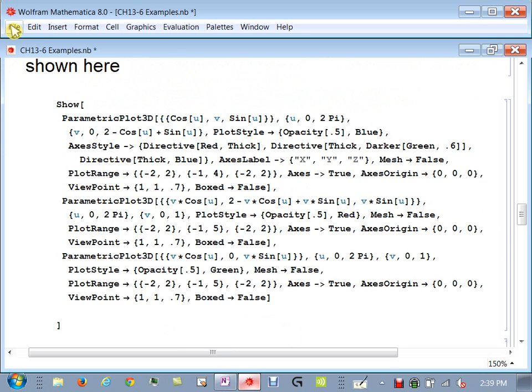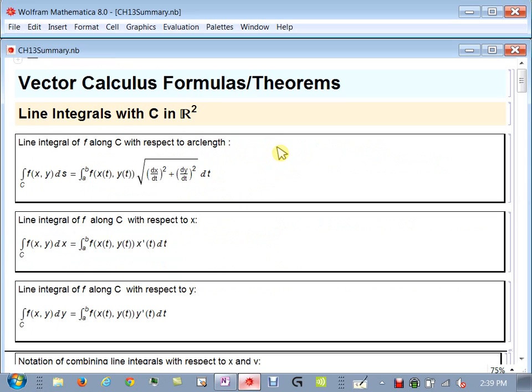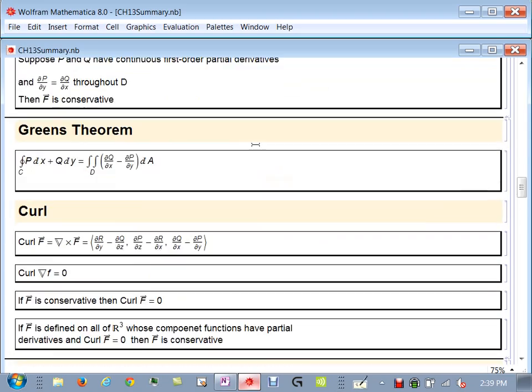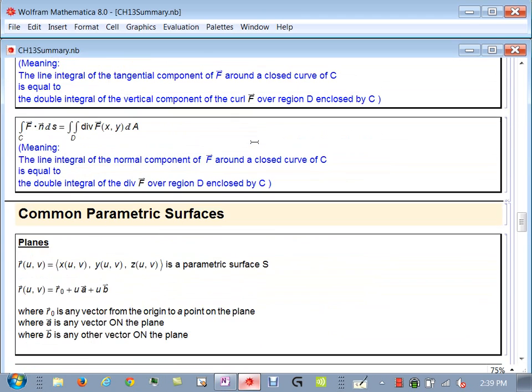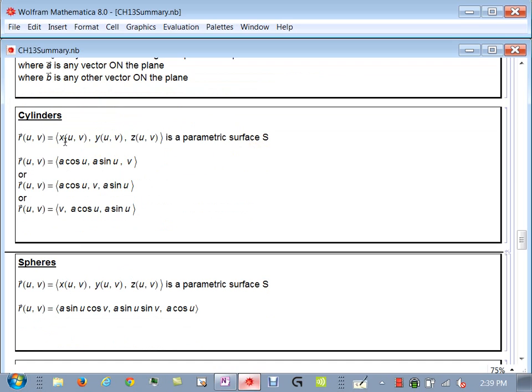Now, I know we still have 30 seconds. Remember the formulas I gave you? Somewhere down here, after divergence, after Green's, are common parametric surfaces. Cylinders. Okay? If you want to draw a cylinder with a certain radius, that means not the inside, then what you do is, like in this case, this is our x component. That would give me my circle.